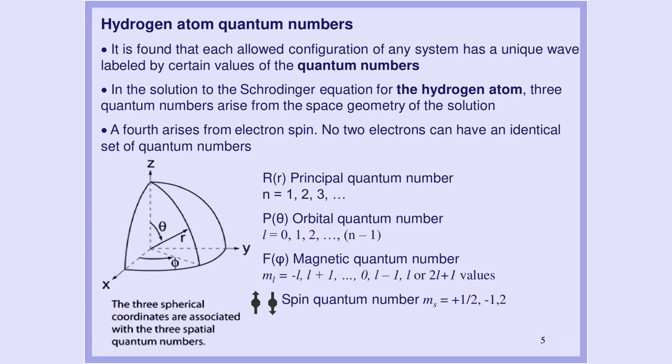The magnetic quantum number takes 2l plus 1 values. And finally, the spin quantum number. For a half-spin particle, that is the electron, it might be plus 1/2 or minus 1/2.